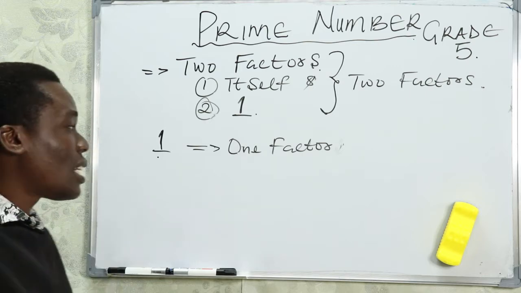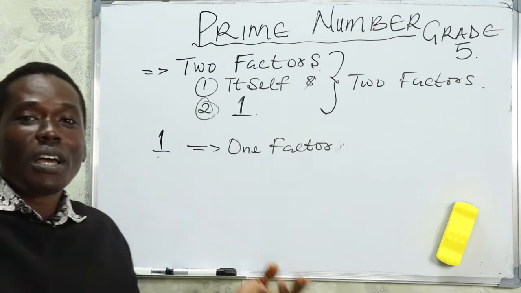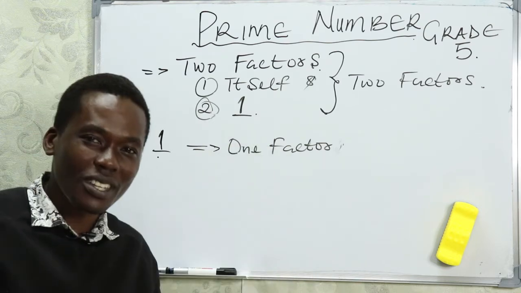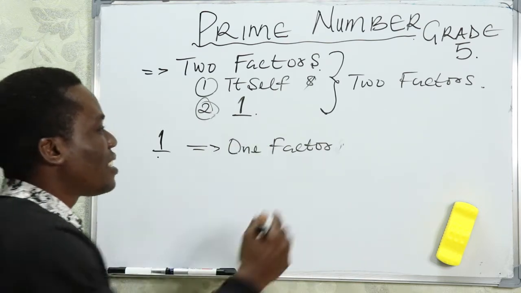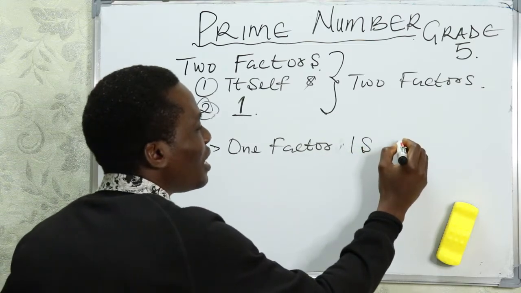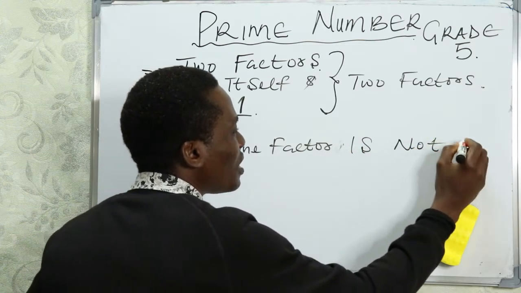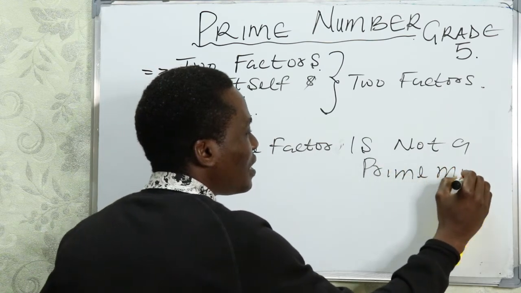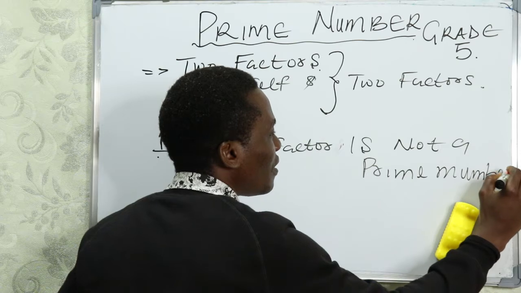Of course, it can only be divided by itself, and it is still 1. So 1 is not a prime number.